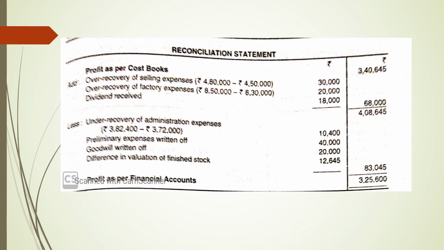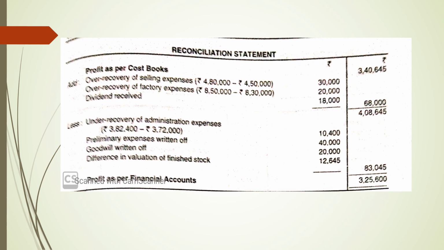Then compare the finished stock value in cost and financial accounts. We can see that there is a difference in valuation of finished stock in cost account. There is an overvaluation of finished stock in cost account, and the difference is 12,645.